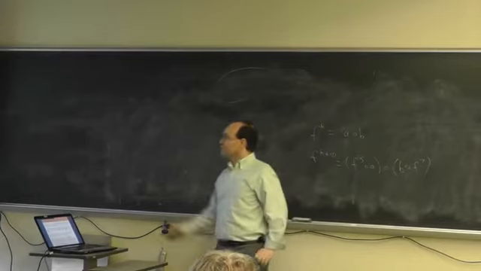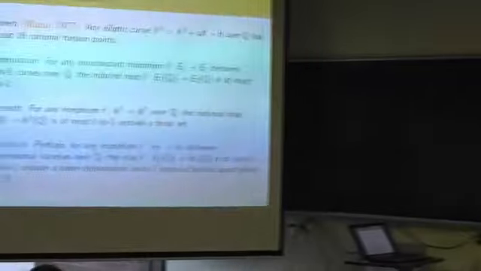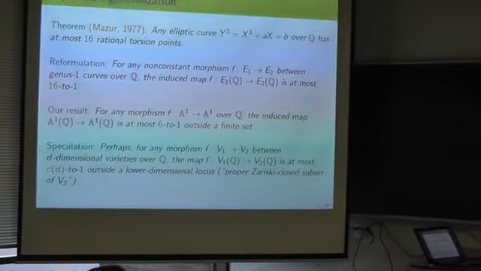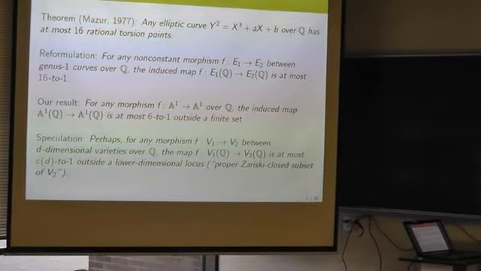So, unlike the previous case, this time there are no known counterexamples to our outrageous generalization of this. So maybe, at this point, it's not known to be false. Conceivably, if you have any map between varieties, the induced map on rational points should be at most some constant to 1 outside a lower dimensional locus, where the constant only depends on the dimension of the varieties.